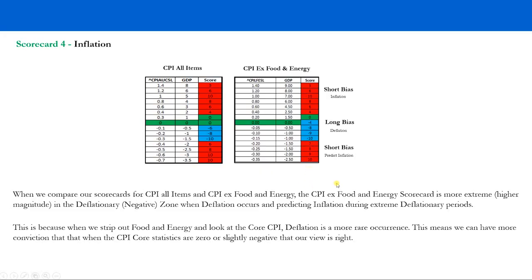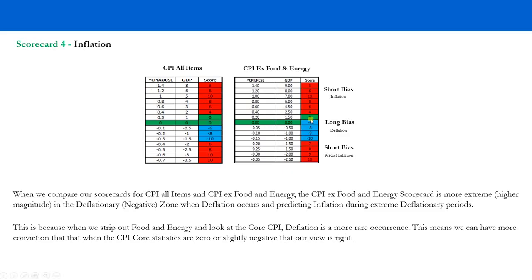And that's because when we strip out food and energy and look at the core CPI, deflation is a much, much rarer occurrence. So it means we can have more conviction that when the CPI core stats are 0 or negative, our view is going to be right.